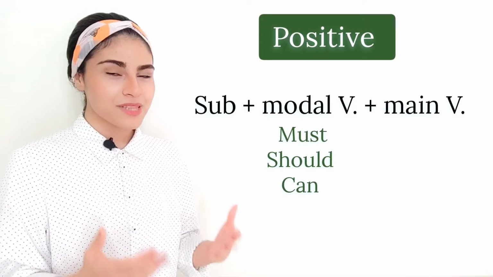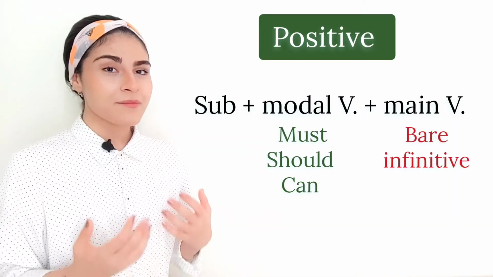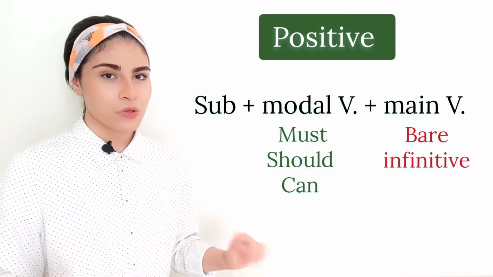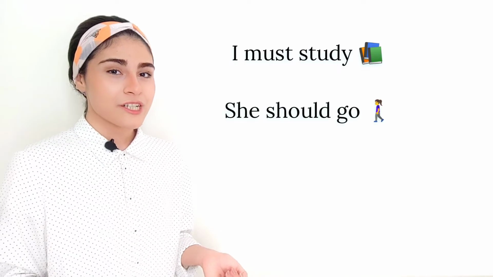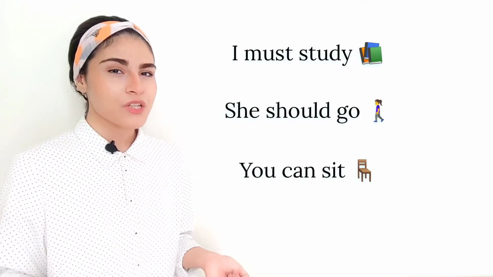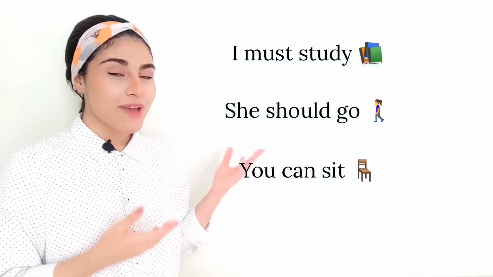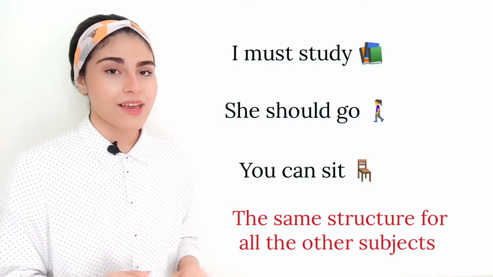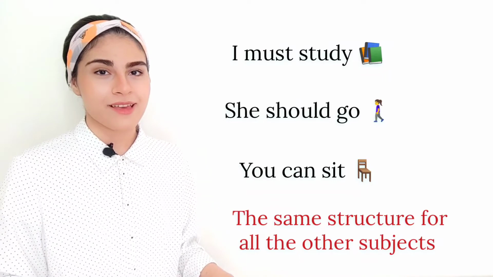For positive sentences, we have subject plus modal verb, must, should, or can, plus bare infinitive verb, an infinitive without to. For example, I must study. She should go. You can sit. So these modal verbs remain the same and unchanged for all the subjects, and nothing happens to them. They do not change forms and they do not accept anything.